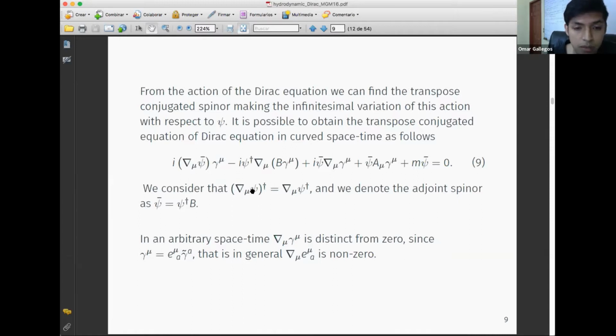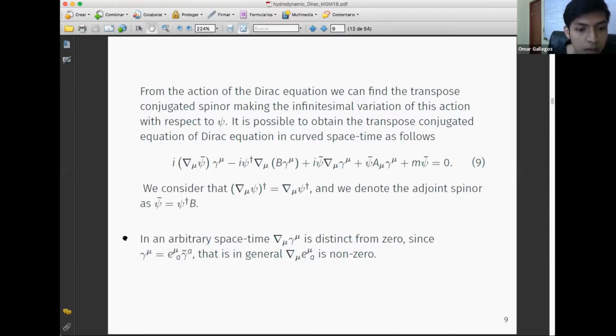If we do the infinitesimal variation with respect to the spinor, we obtain the transpose conjugate Dirac equation given by equation 9. We define the adjoint spinor like this. This is equivalent to the standard quantum field theory, because if we take the B matrix equal to the zero component of the gamma matrices in flat spacetime, we return to the well-known definition in quantum field theory.